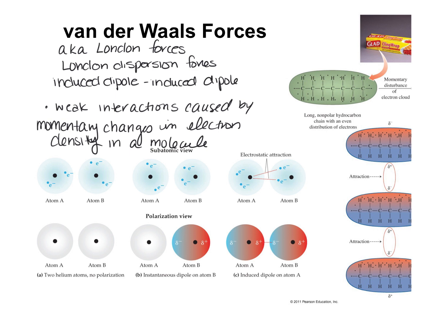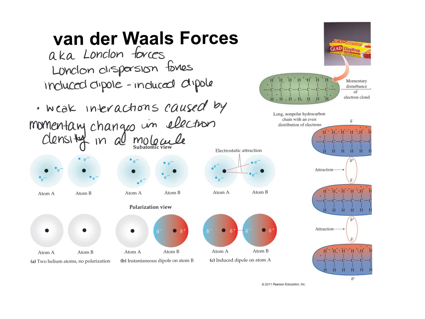You have experienced these forces if you have ever taken out any cling wrap or saran wrap. When you pull it out of the box, there's a momentary disturbance of the electron cloud within the hydrocarbon, which is just a large sheet of carbons and hydrogens. With the static electricity, all those electrons run to one side and it induces an attraction, and that's why your cling wrap bubbles up and is hard to stretch over things.